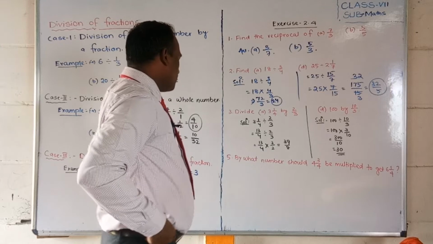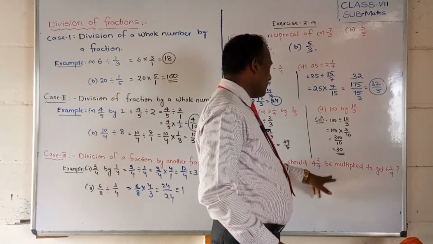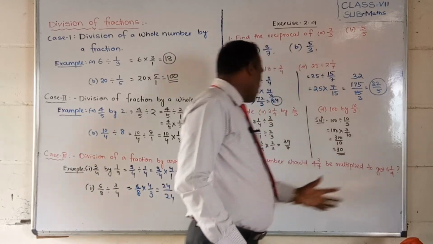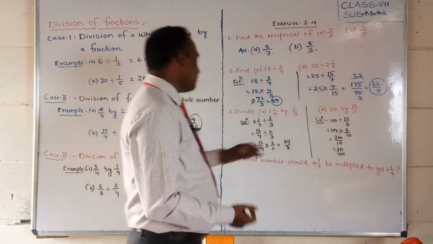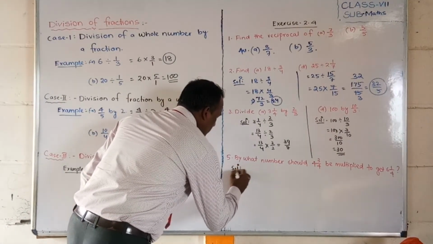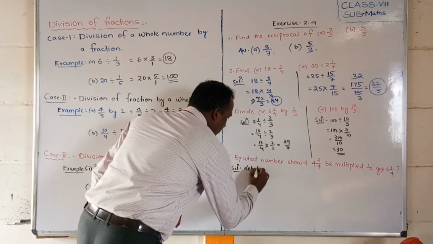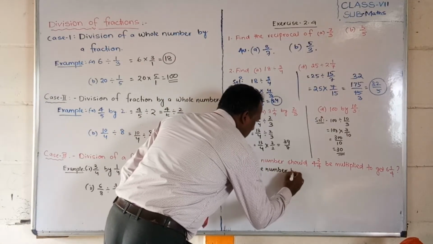Now look at this. The question is, by what number should this be multiplied to get this? We can take that number as x. Suppose the number be x.